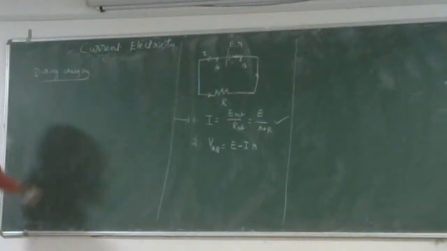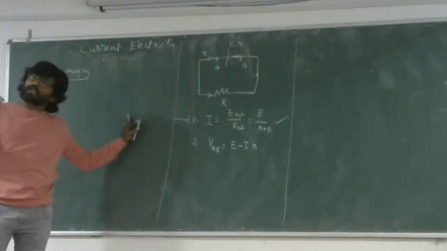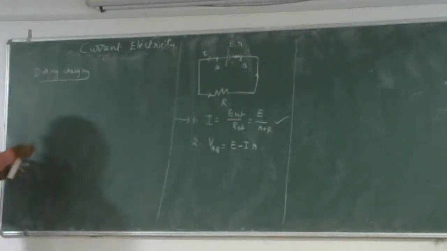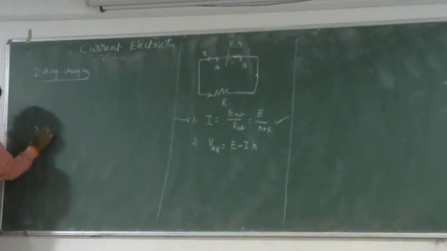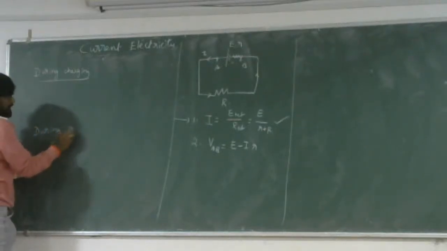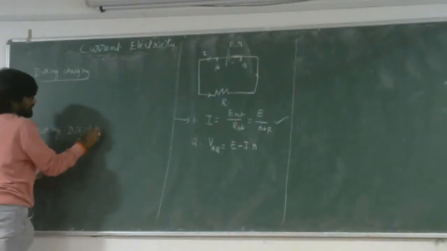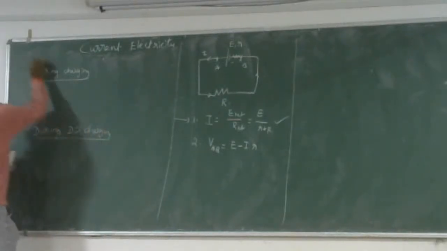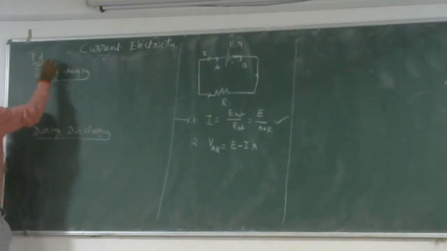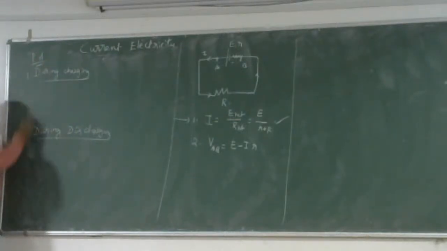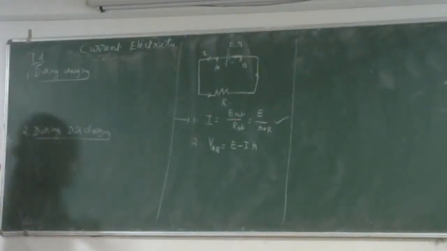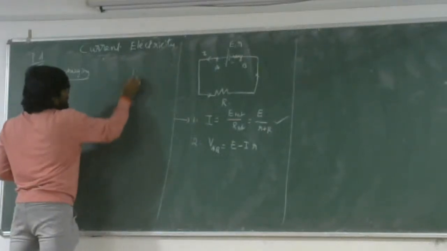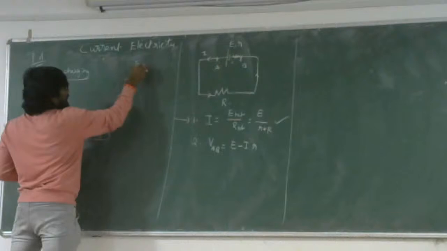What is the potential difference during discharging? First case, second case. You have a cell of EMF E and internal resistance r.